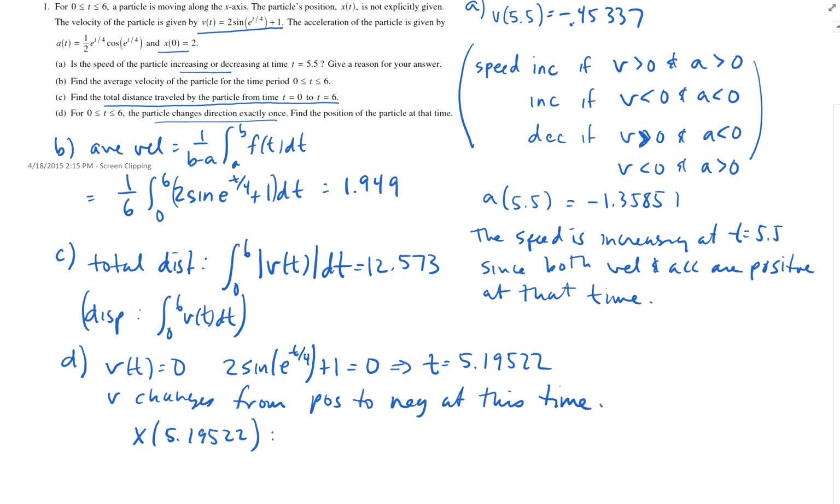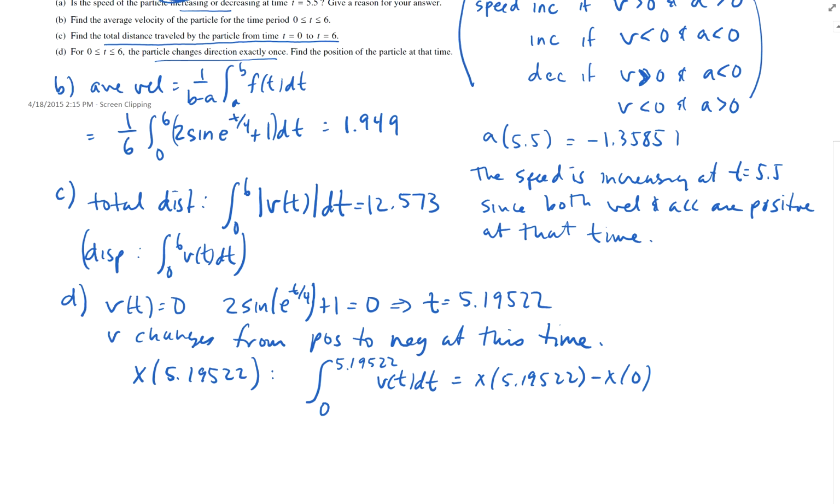Well, again, if you think of the fundamental theorem of calculus and the fact that I know this, I can put it together and go, okay, the integral from 0 to 5.19522 of v of t dt. What's the antiderivative of velocity? That's position. x of 5.19522 minus x of 0. Right? Capital F of b minus F of a.